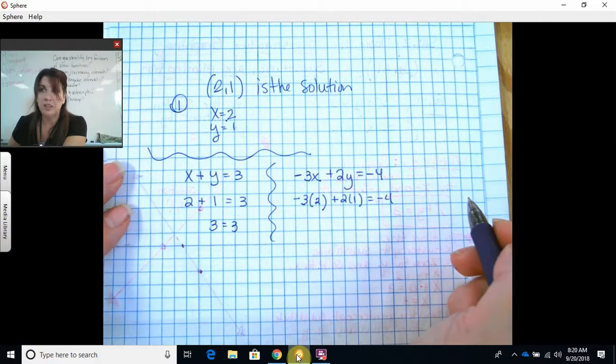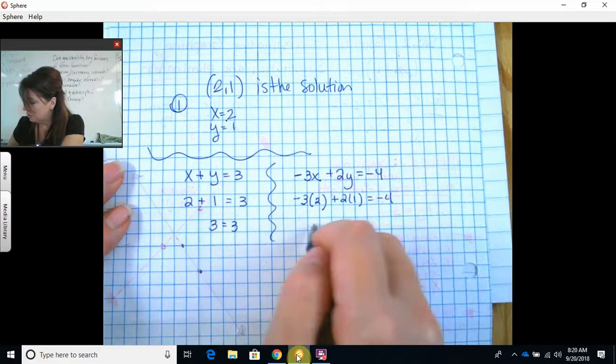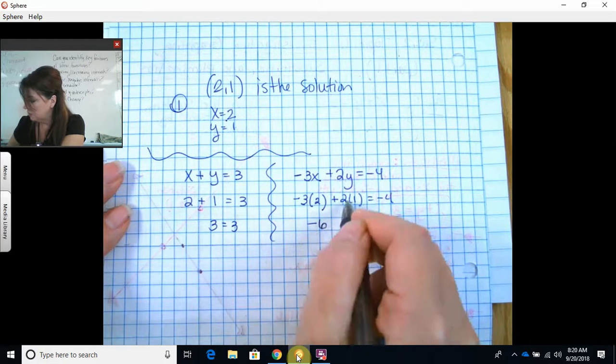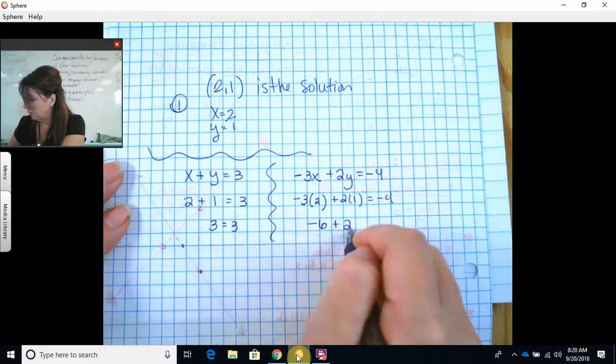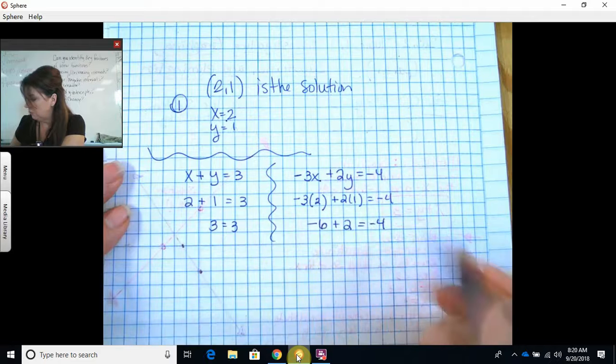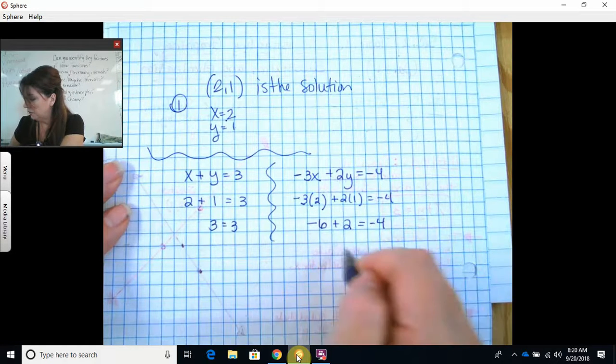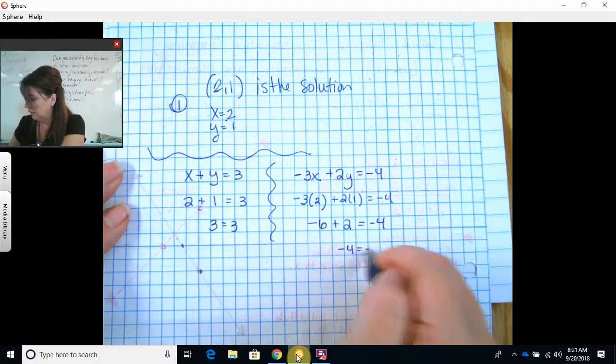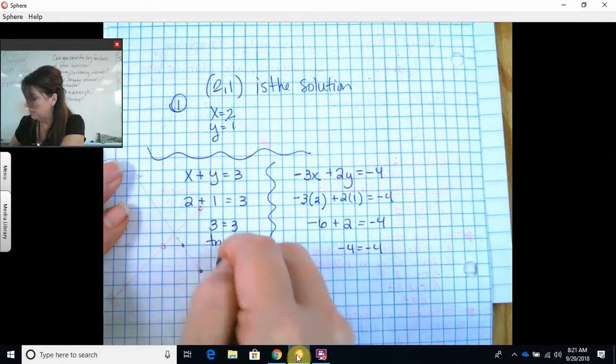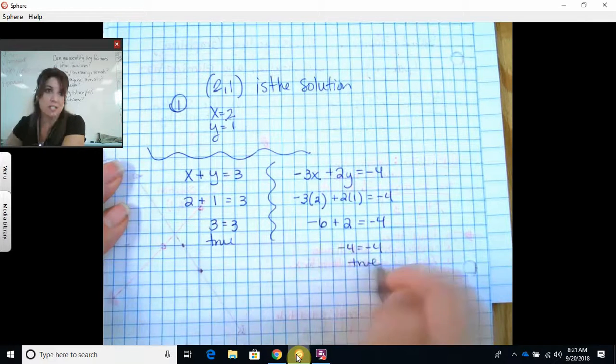I'm going to simplify the left side and see if it equals the right side. So negative 3 times 2 is negative 6. Positive 2 times 1 is positive 2. Does that equal negative 4? Is negative 6 plus 2 equal negative 4? Yes. It made true statements for both equations.